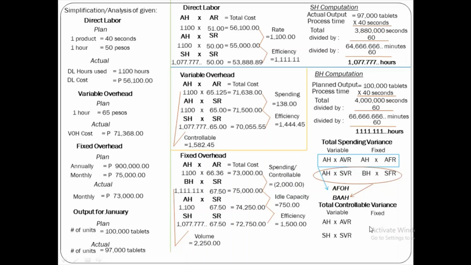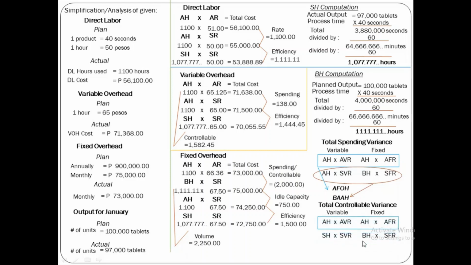On the fixed, since spending and controllable are the same on the fixed overhead, they are similar: actual hours times actual fixed rate, and then budgeted hours times standard fixed rate. So where do they differ? Only in this element. Here we have actual hours, here we have standard hours.